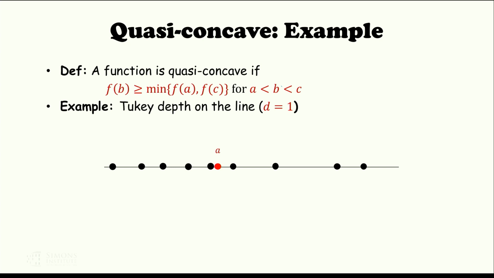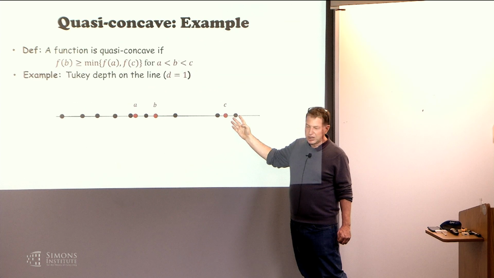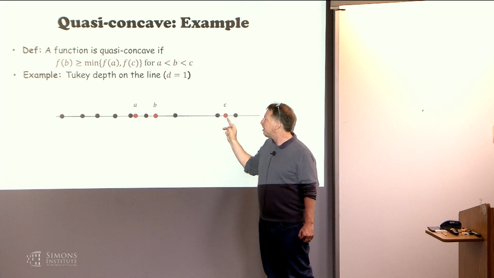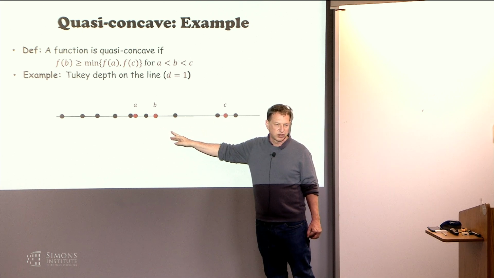If we remove this point, it won't be in the interior point, and we have 2 points B and C. So the Tukey depth of B is greater than the Tukey depth of C, because we have to remove this point in particular to make B not an interior point. We have to remove the point of C. And if the Tukey depth of A would have been less than C, we would have the symmetric argument.